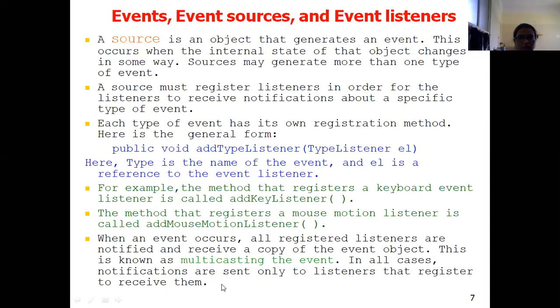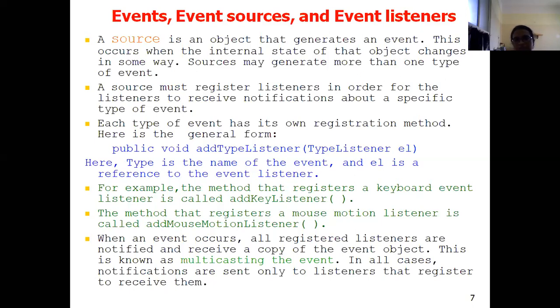When an event occurs, all registered listeners are notified and receive a copy of the event object. This is known as multicasting the event. Say for example, you are pressing a button and also entering a key, so the key listener is registered and the mouse listener is registered.